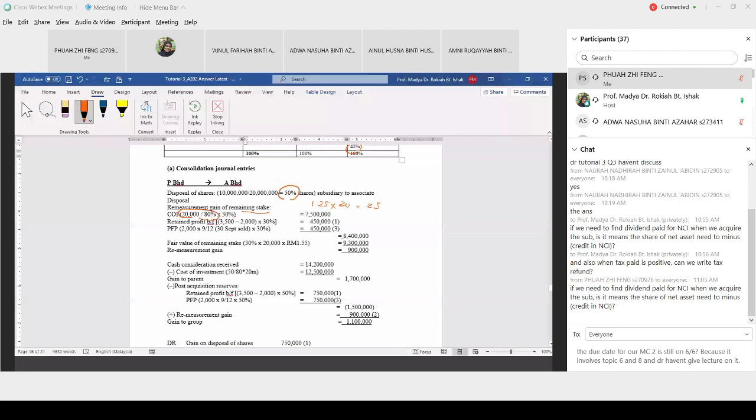Share of profit for the year is 2 million times 9/12, because from 1st of January until 30th of September you have 9 months. So the share of profit is only for 9 months times 30%, which is 450. So altogether, the carrying amount of your investment is 8.4.